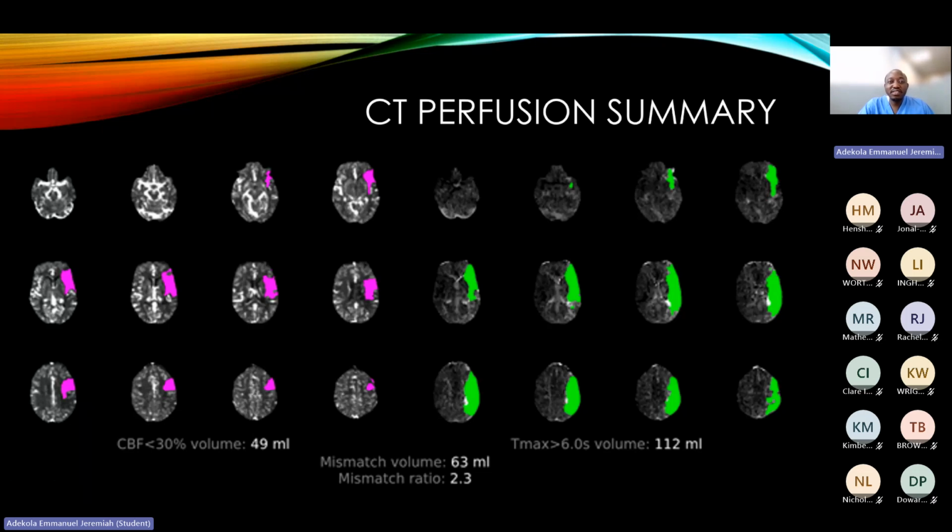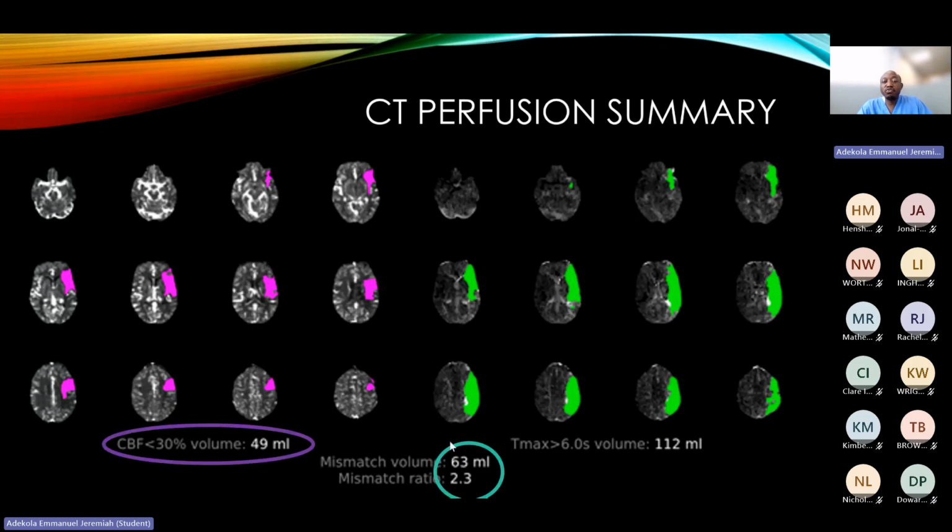However, the key things that we measure is the cerebral blood flow, which is the amount of blood flowing per unit time in 100 grams of brain tissue, and is a marker of core infarct. The infarct that is already there. While Tmax is the marker of the penumbra, which appears as the green part of this scan.